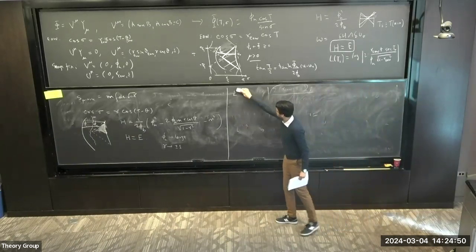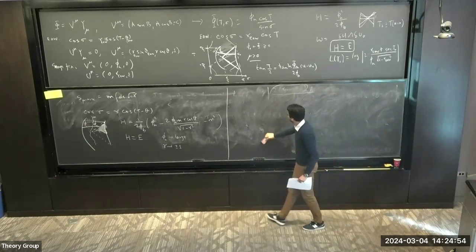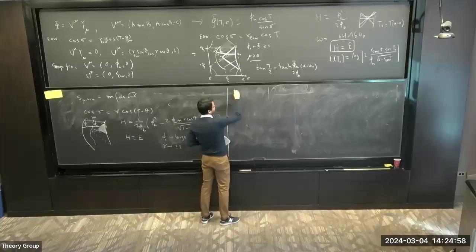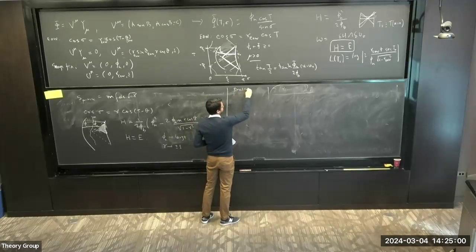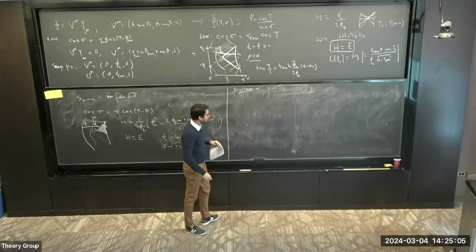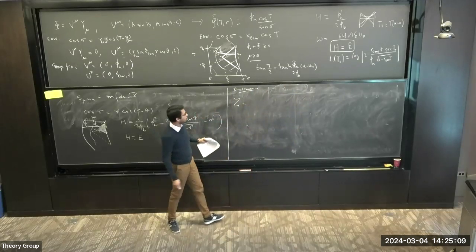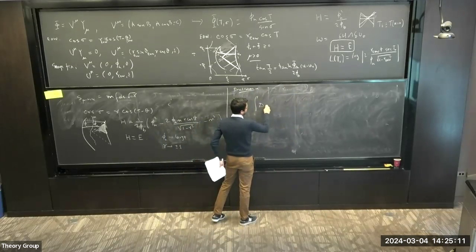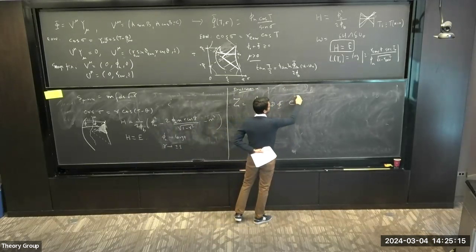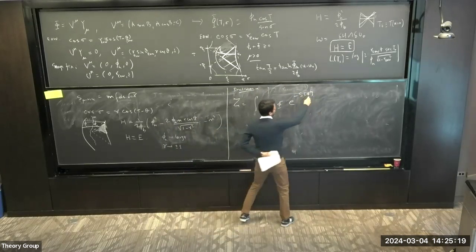Let me explain that a little better. So now I'm doing a Euclidean computation of the partition function. So let's say I want to compute a partition function. This partition function is an integral over the metric, the dilaton phi, and g as well.